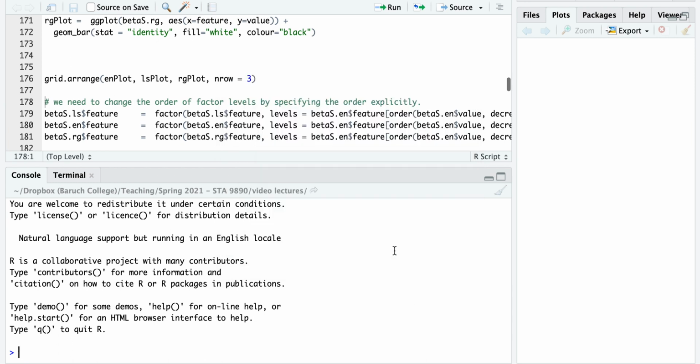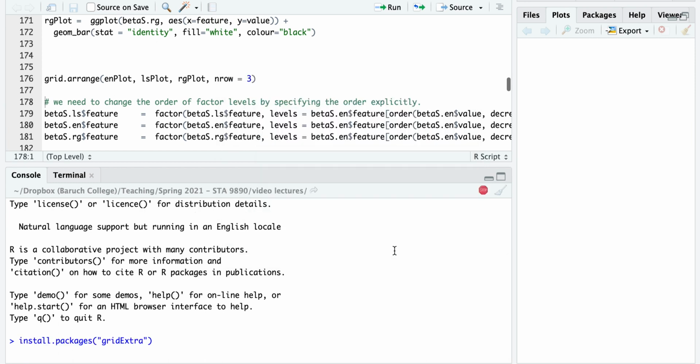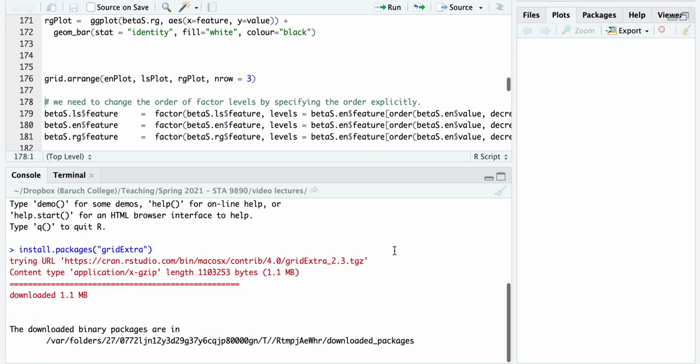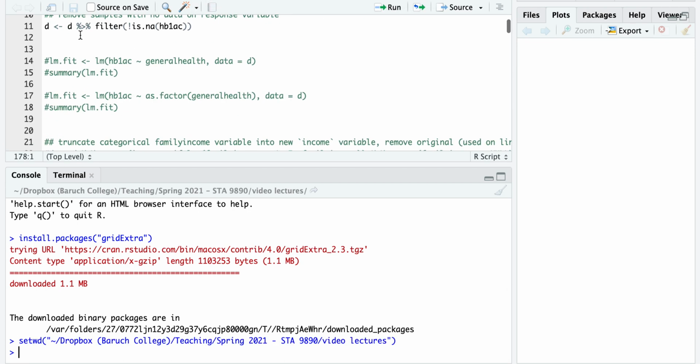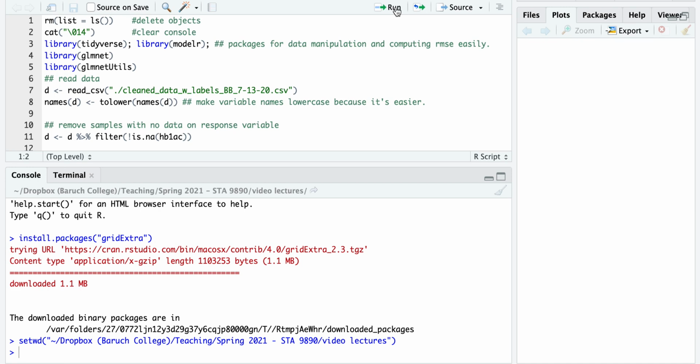So I'm reinstalling the package. Maybe that's the reason. Okay.